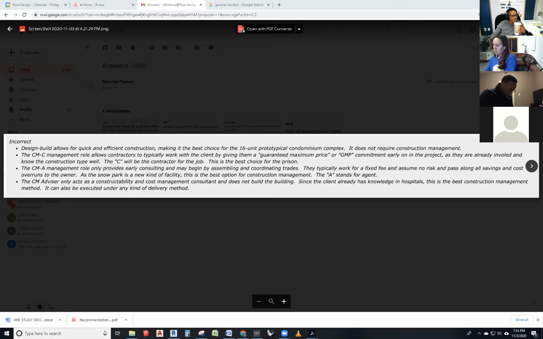Then we have the CMC management role. It typically guarantees a maximum price and commits early in the project, involved in the construction. So the CMC will be the contractor for the job. It is the best for the prison. So the prison, Miranda got it right too. And then the CMA management role only provides consulting.